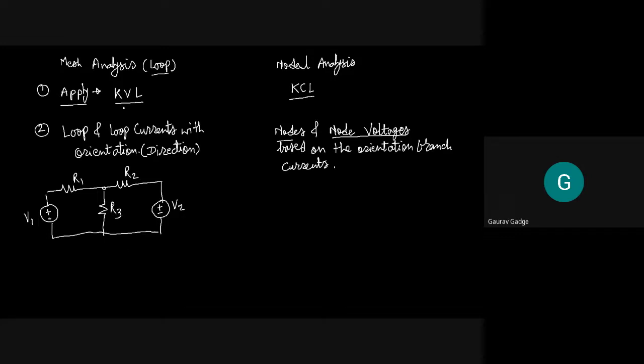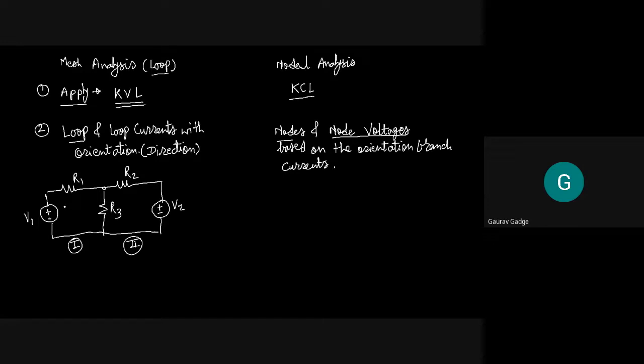While applying Kirchhoff's voltage law, you consider loops. So you identify the loops present as loop number 1 and loop number 2. We are not talking about the super loop, and we are not going to talk about the super node presently. After understanding this analysis, we'll go on to the super node.